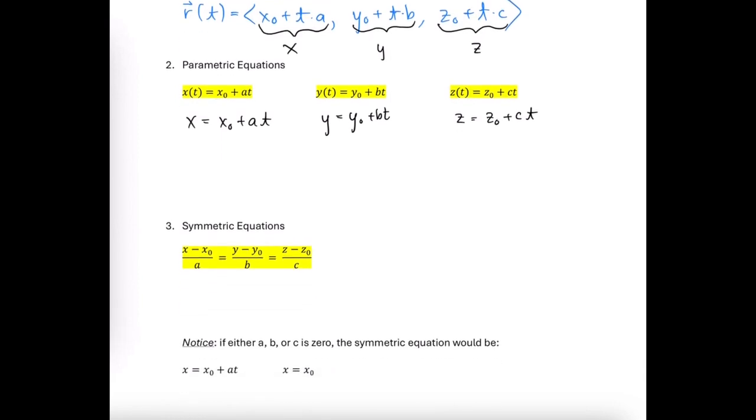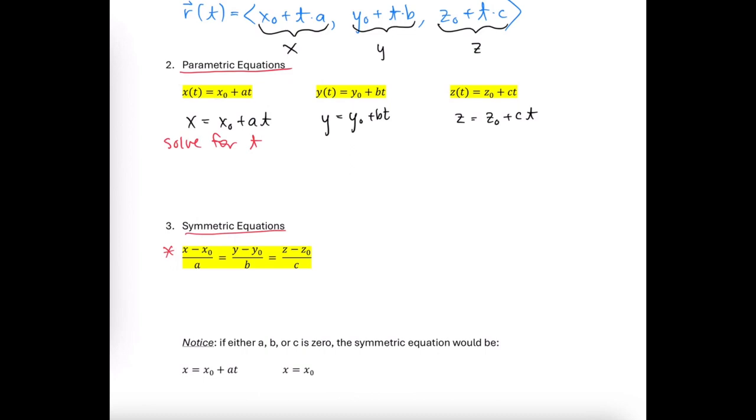Now, the third version of writing the equation of a line is what we call symmetric equations. In order to determine what the symmetric equations are, we're going to use the parametric equations as a jumping-off point. What we do from the parametric equations is solve each one of these for t, and that's going to give us the symmetric equation version of our line.